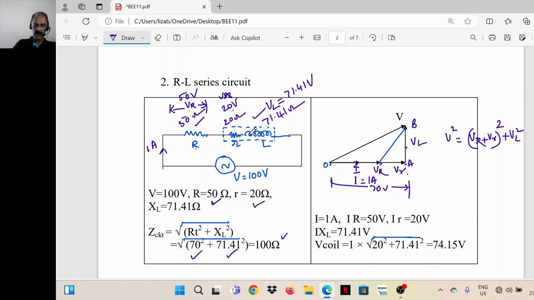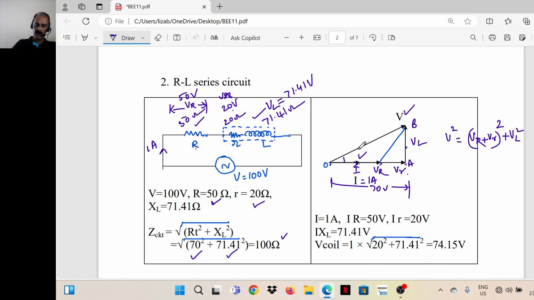Then the voltage across the inductor leads the current by 90 degrees. This is the resultant phasor V, and this is I. So V is leading the current, or I is lagging behind the voltage, so the circuit is inductive. Current is lagging the voltage by a certain angle.